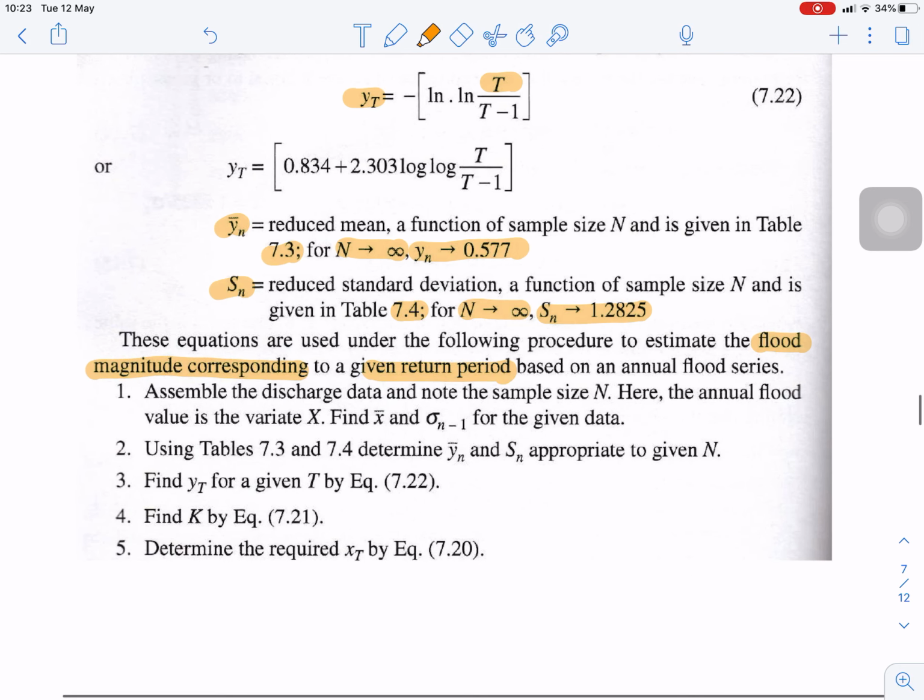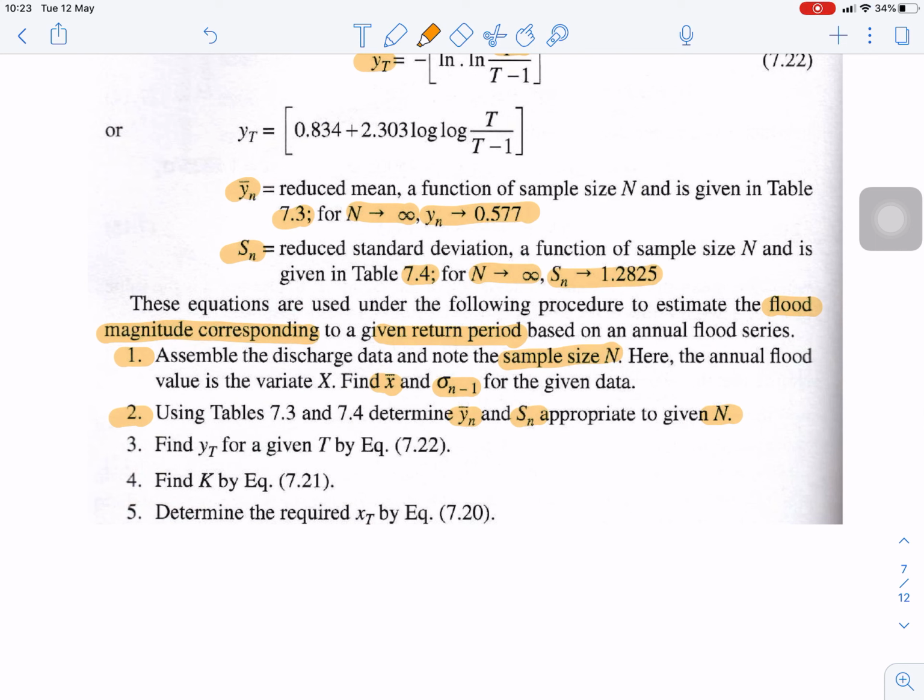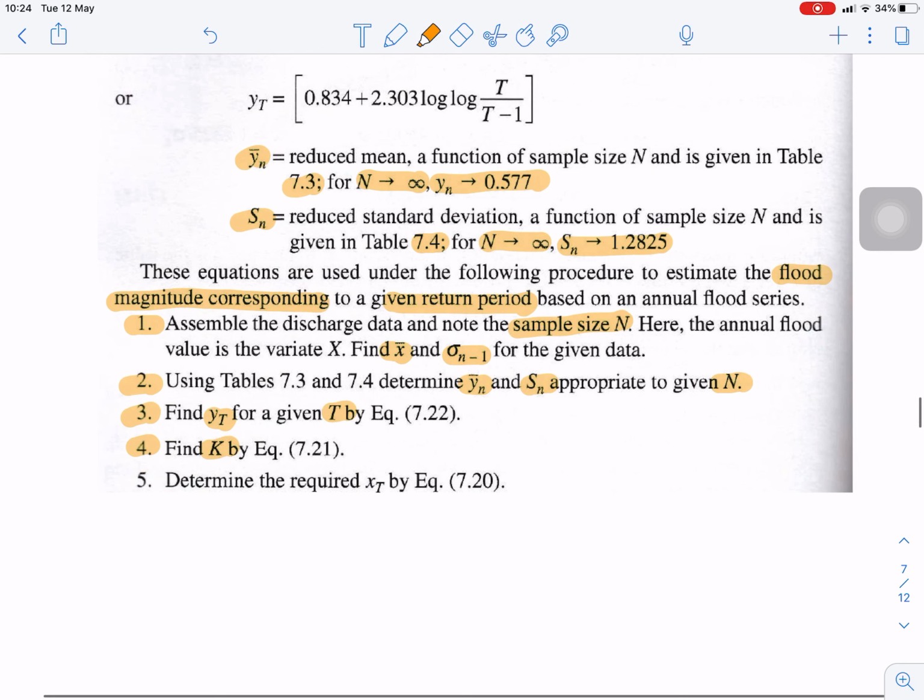The first step is to assemble the discharge data, note the sample size, and find the mean and standard deviation of the data. Second, estimate y n and s n from the sample size. Next, find y t from the given t, then estimate k, and finally estimate x t.